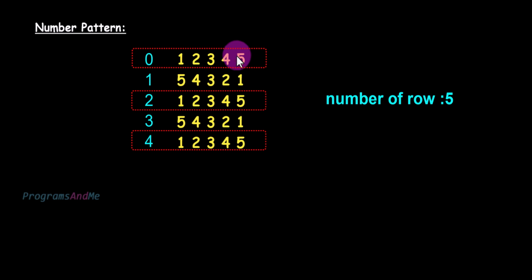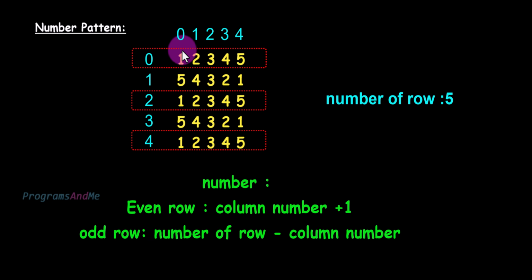To print these numbers, what do we need to do? We need to print column plus 1. That is, here the columns are 0, 1, 2, 3, 4, and to print these numbers 1, 2, 3, 4, 5, we print column plus 1.